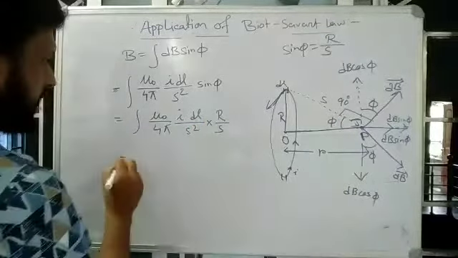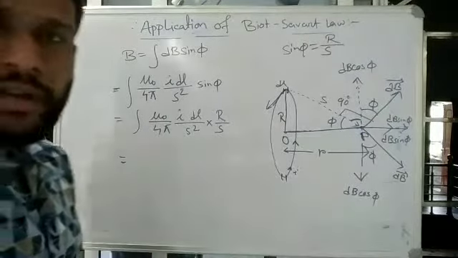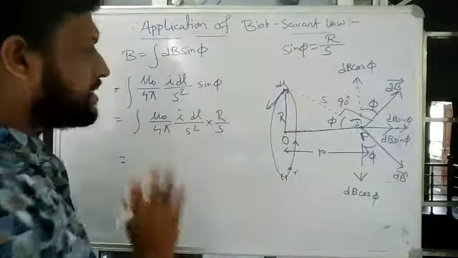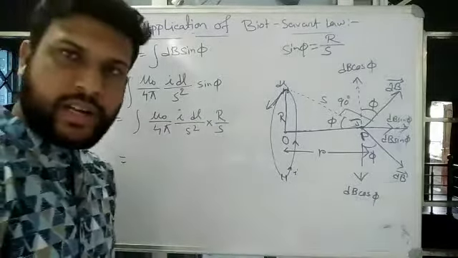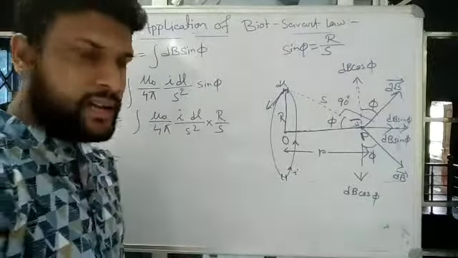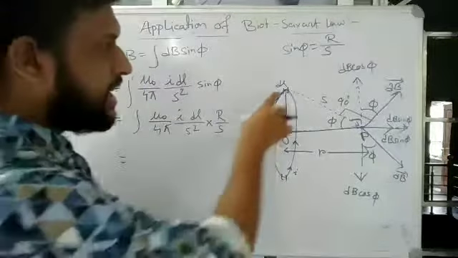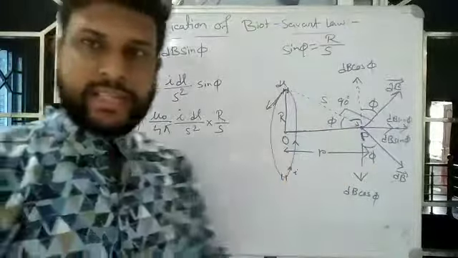Again look at the expression. Leaving only dl, the rest are all constant, because mu 0 by 4 pi is constant, I is constant, r is the radius, constant, and s is this distance, which is also constant.